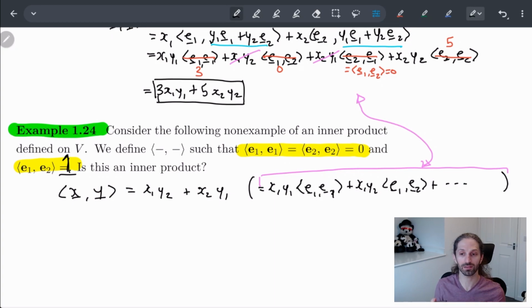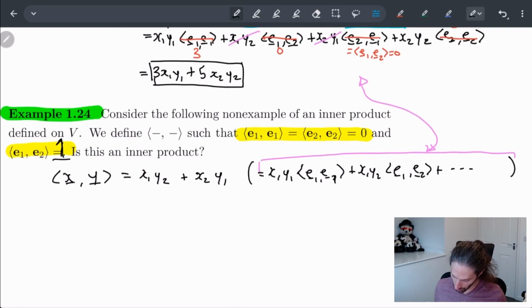Now, do any of the other properties fail? Here we can see this weird thing where they're opposites of one another. So I'm going to choose a number where things are opposite.